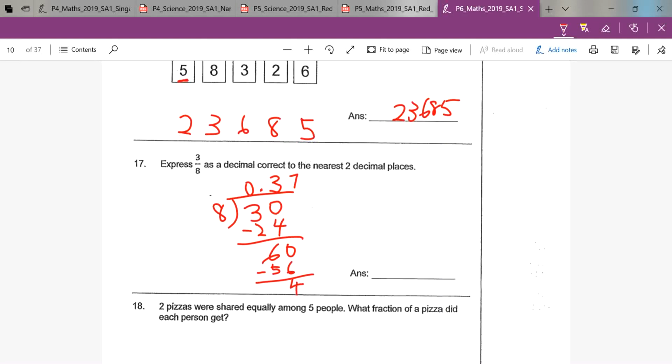But the question is asking for the nearest 2 decimal places, so you can just stop here. It's a 4, and then you borrow another 0, it's a 5, then you stop right here and keep it to the nearest 2 decimal places. So in other words, you have to round this to 0.38, because 5 and above you have to round up.